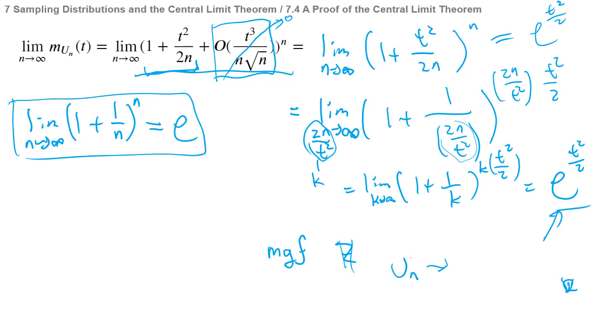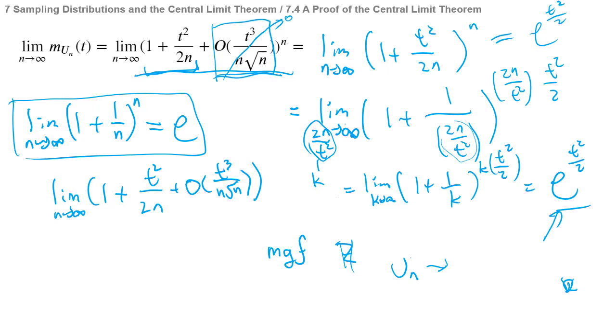Actually, probably there should be someone for whom this part may not make sense. Actually, in this proof, I didn't mathematically rigorously prove why this big O of t third over n square root of n part is negligible.